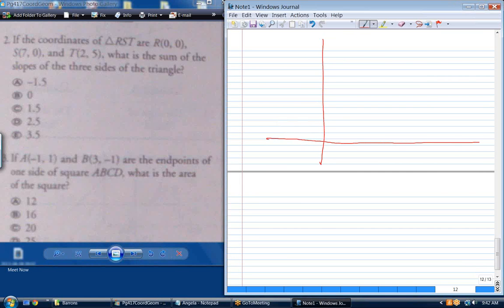Probably is going to be useful to you to draw your pictures, and always, you don't need to label it, but put the XY coordinate axis up there. Okay, this is point R. Now this, I'm not sure if all of this is worth the time that you have to do it, but in this case probably is.